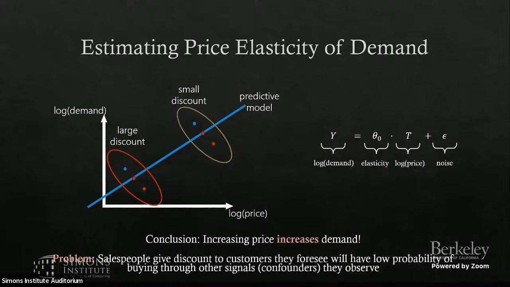For instance, here, the salespeople that were giving those discounts were looking at customers, discussing with customers, trying to understand their intent to buy. And most of the time you give a discount when someone is not going to buy, in order to elicit a purchase. And then those people ended up not buying either. So you give a discount when someone is not going to buy and they don't buy. But this is what you get afterwards, right? You get that for people that you gave a discount and they faced a lower price, they didn't buy.